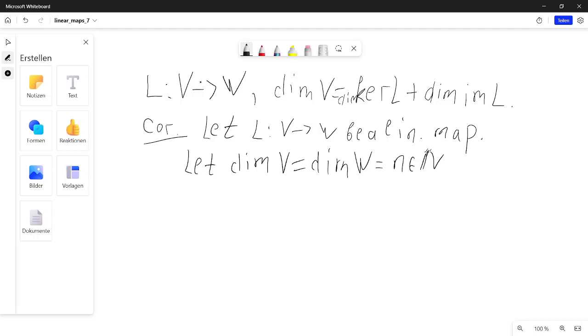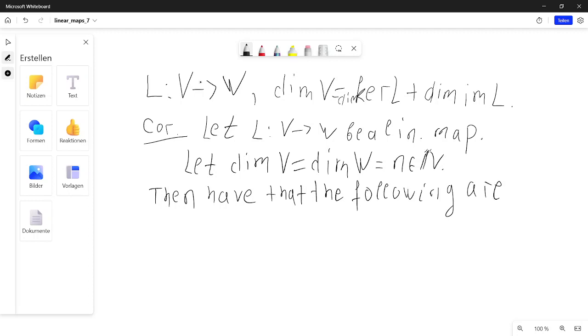Then we have that the following are equivalent.